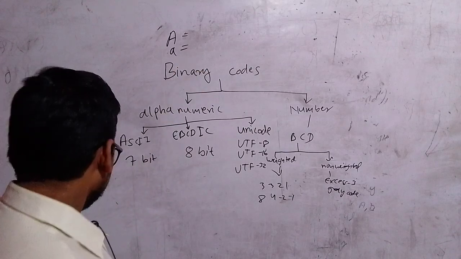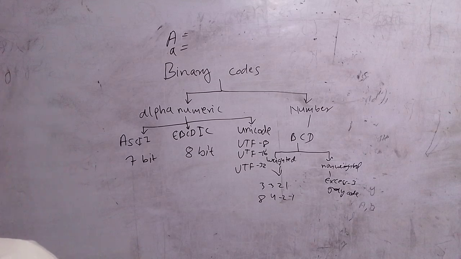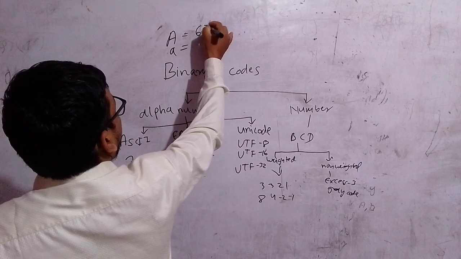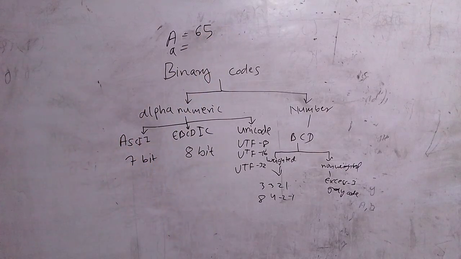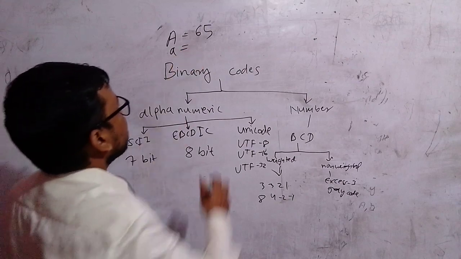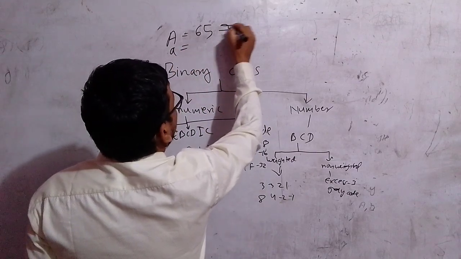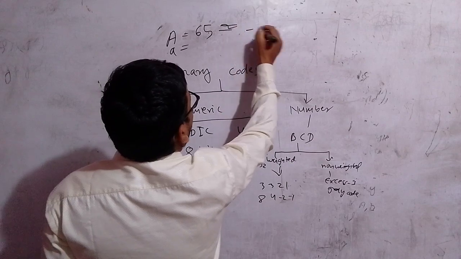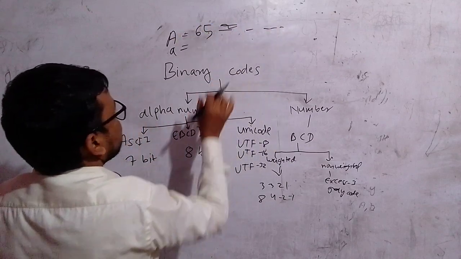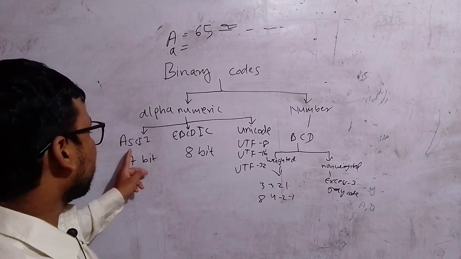Let's see, capital A is represented by 65 in ASCII code. We convert the binary equivalent of this 65, and this will be the binary code for A in ASCII format.